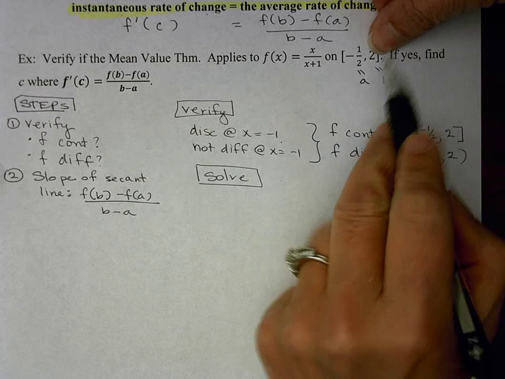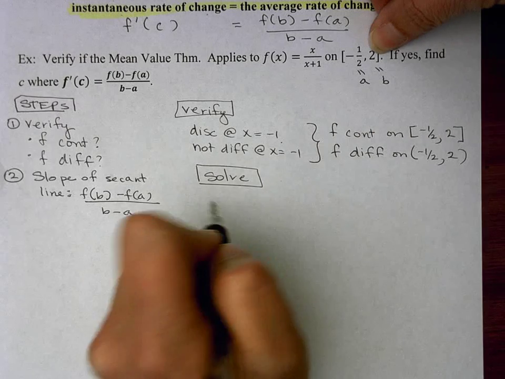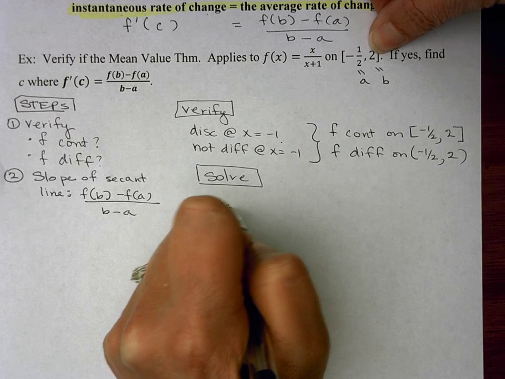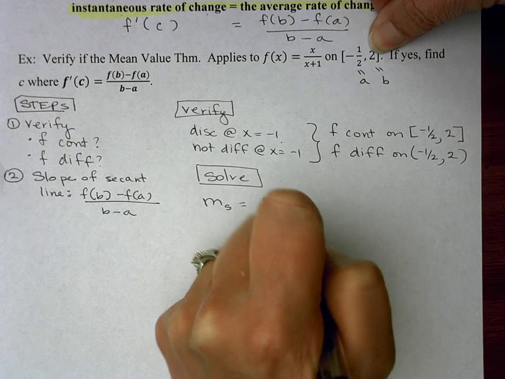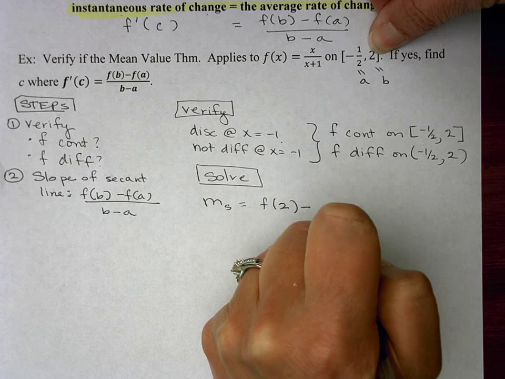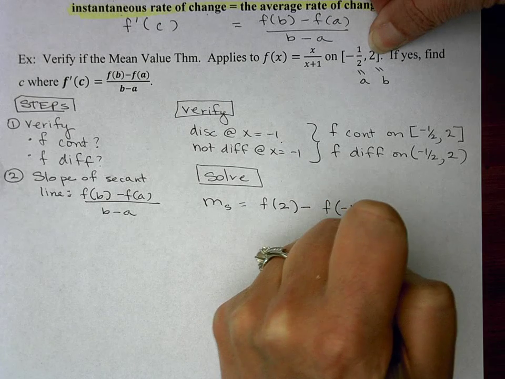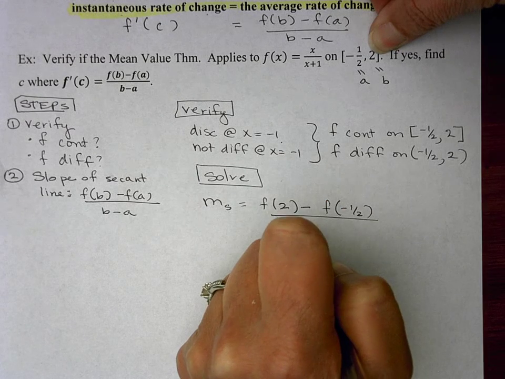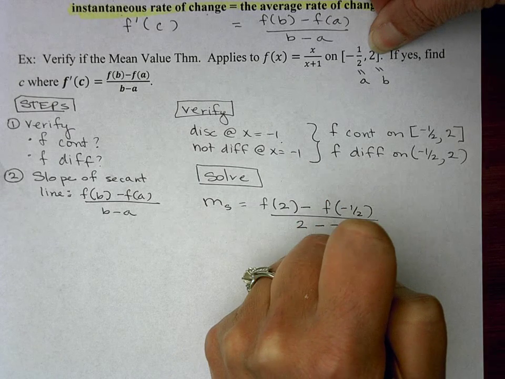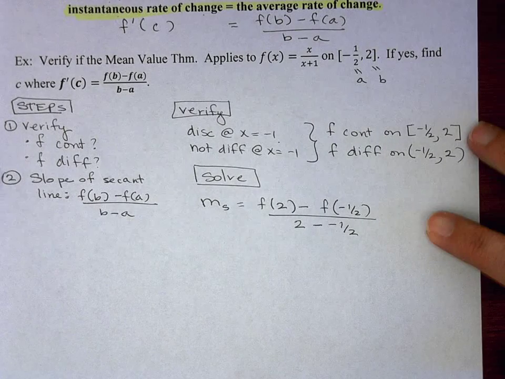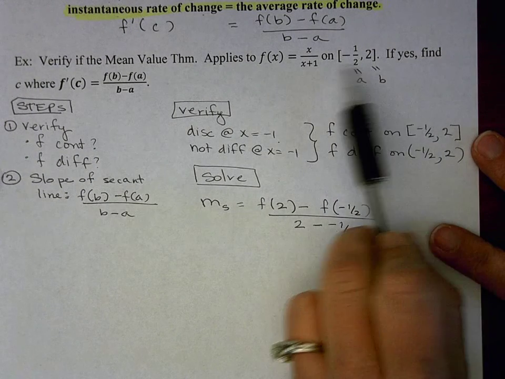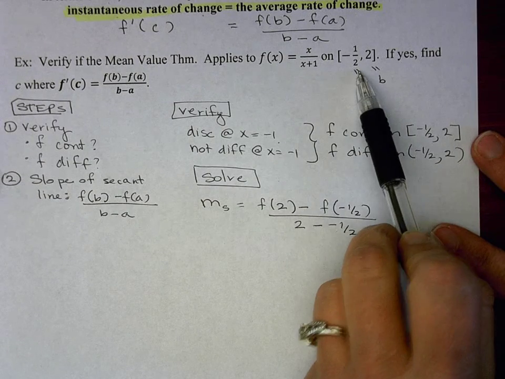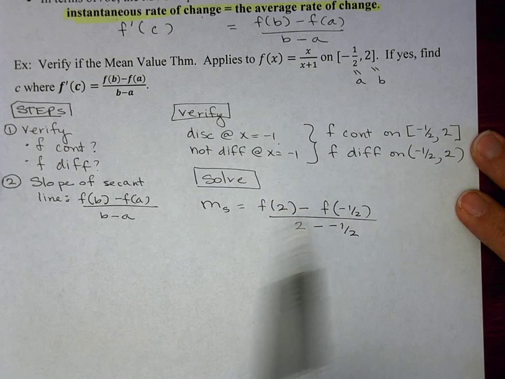So I'm going to substitute 2 in. So I will get, I'm going to write ms, so slope of secant, f of 2 minus f of a all over b minus a. Okay, now I'm going to give you guys a second to try to solve for that. So replace 2 into here and -1/2 into here, and then see if you can figure that out.